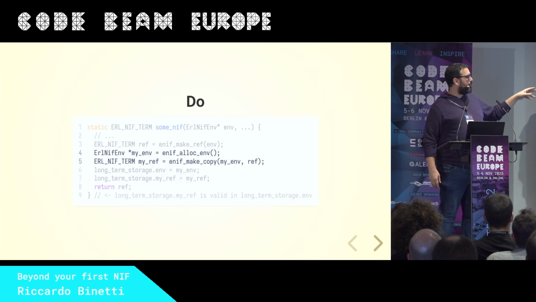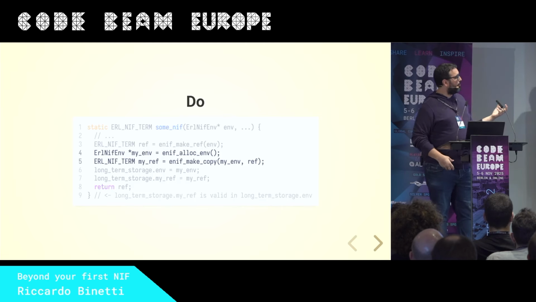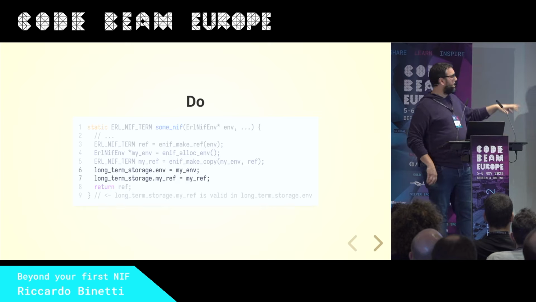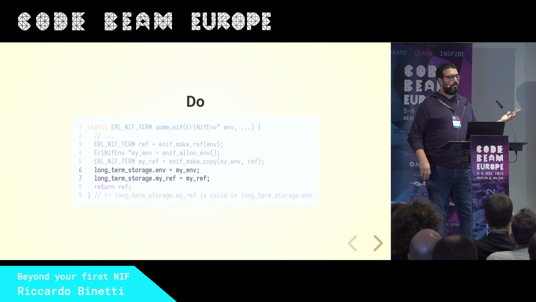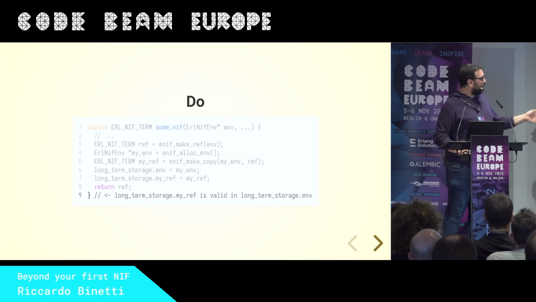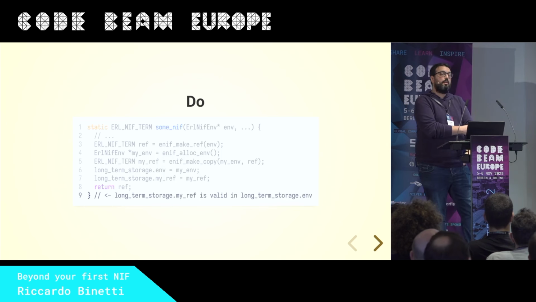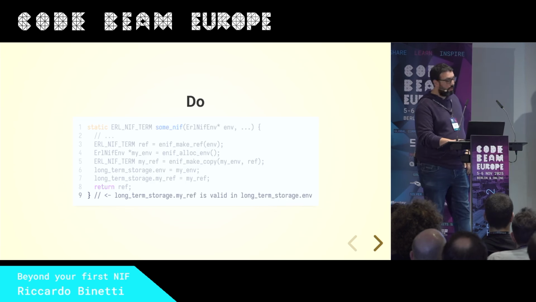So in my ref, you have the same reference. If you look at it from the Elixir side, it looks the same. The big difference is that it lives in another environment, which means that you can then persist both the environment and the reference in some long-term storage, and it will remain valid even after we are out of this function. It will remain valid as long as we don't invalidate this process-independent environment.